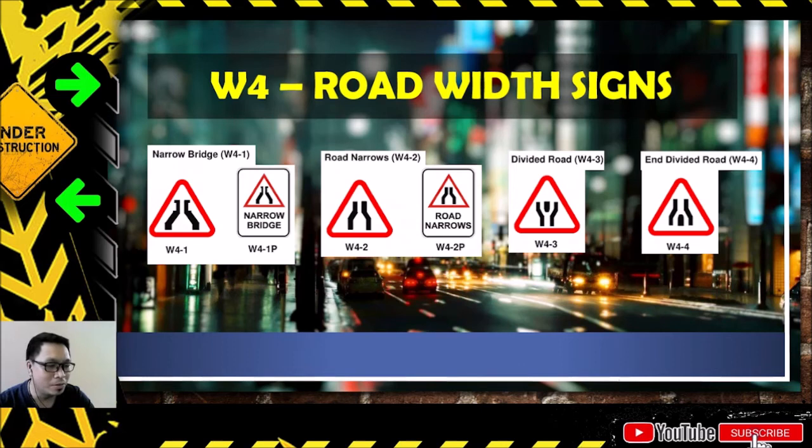Okay, so we also have the narrow bridge. Let us say for example, if you are traveling on a 4-lane road, then on the portion of the road ahead, we have a 2-lane road, no?